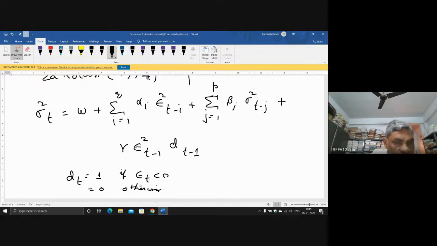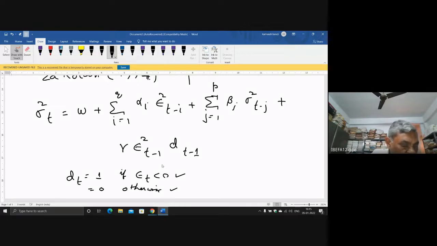So that means this is bad news and this is good news. So good news has an impact of alpha, while bad news has an impact of alpha plus gamma.